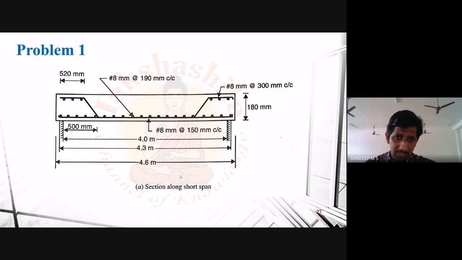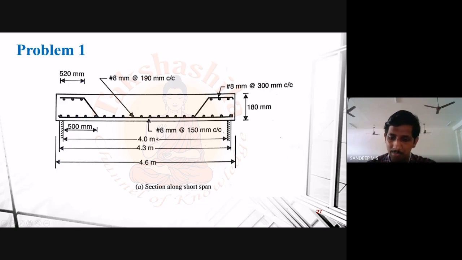So basically, this is along the Lx direction. So you might have calculated it, and again, here you have some mistakes. So please understand, what you have to do is provide reinforcement in this direction. This line represents the reinforcement which you have designed based on the Lx value, the shorter span.